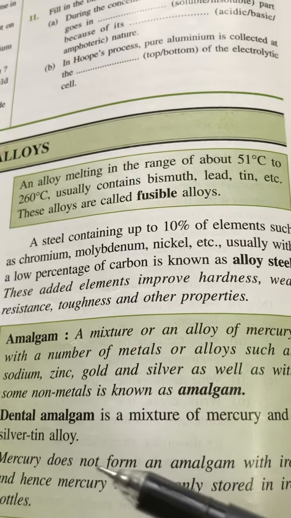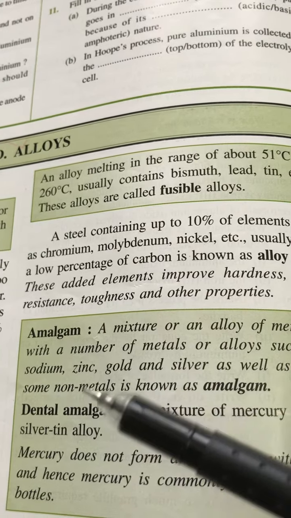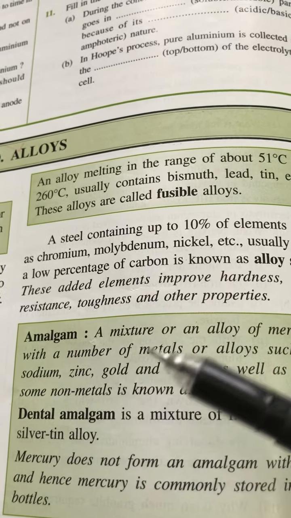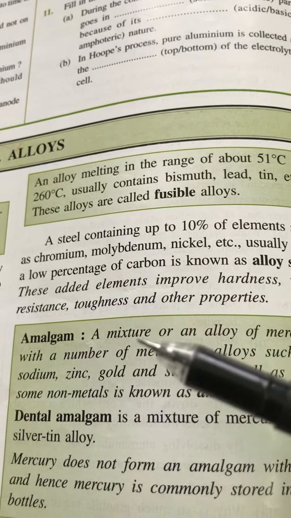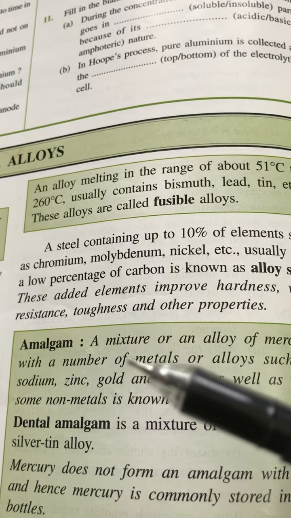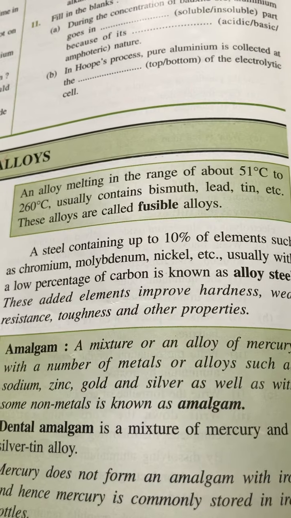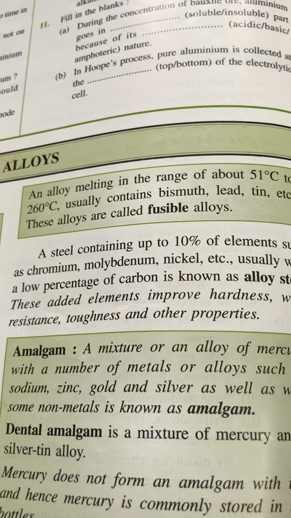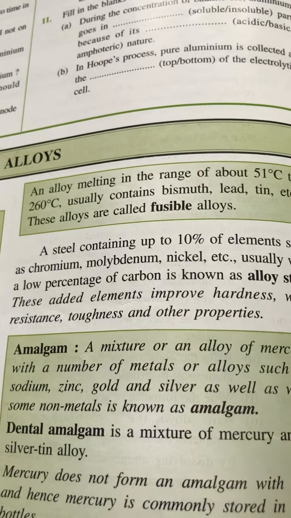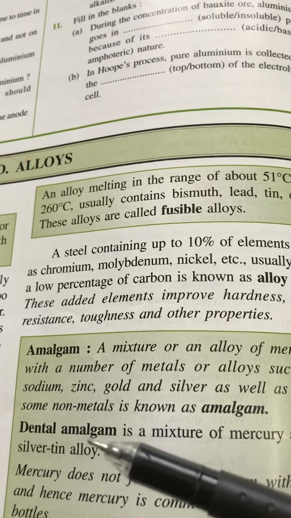First of all, I would like to explain this point in general. Amalgam is nothing but a mixture. Try to get this point. A mixture of what? A mixture of other metals like silver, gold, zinc, sodium with mercury itself. And what is dental amalgam?